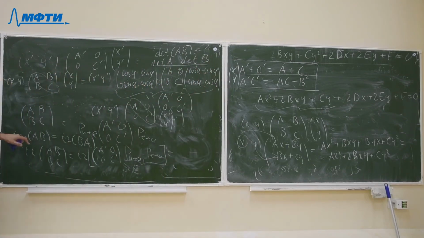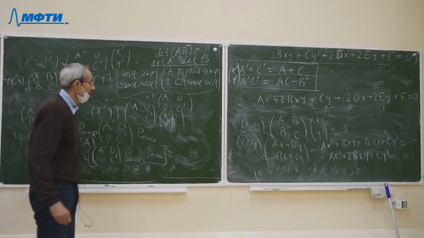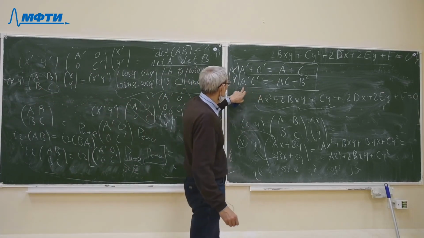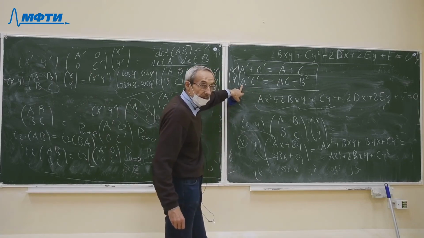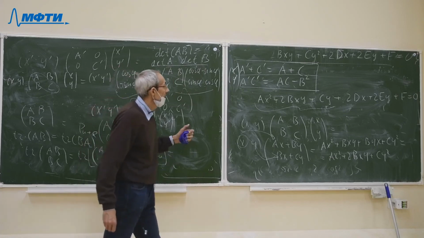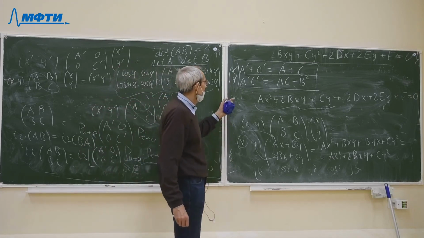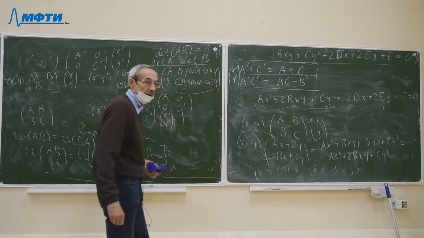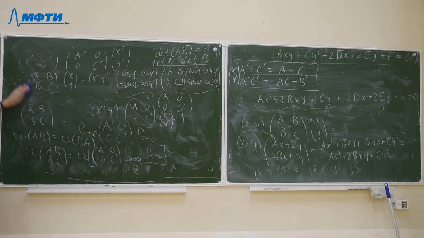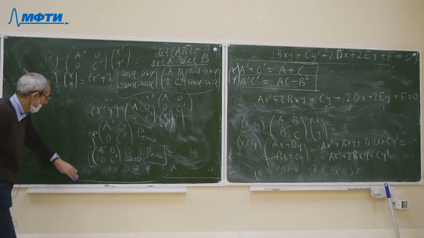And using this property, it is easy to see that the determinant of the left side is equal to AC minus B squared, and the determinant of the right side is equal to the product of A prime and C prime. And using this property, we can conclude these two equalities from general properties of determinants and matrices.